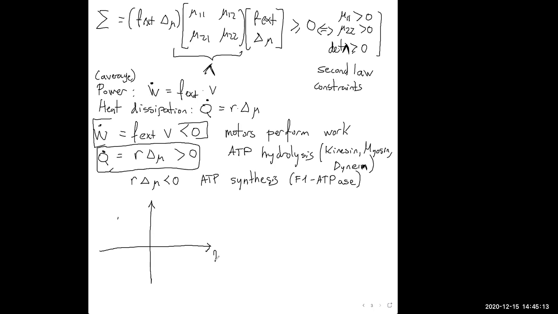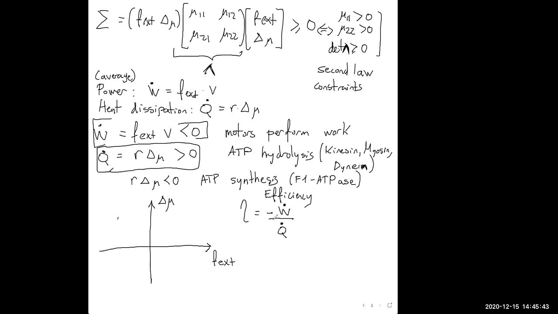The phase diagram will be in this plot: external force on one axis, and chemical potential on the other. And here we will define an efficiency. This is called the efficiency of the engine, which will be defined as minus the power divided by the heat dissipated.